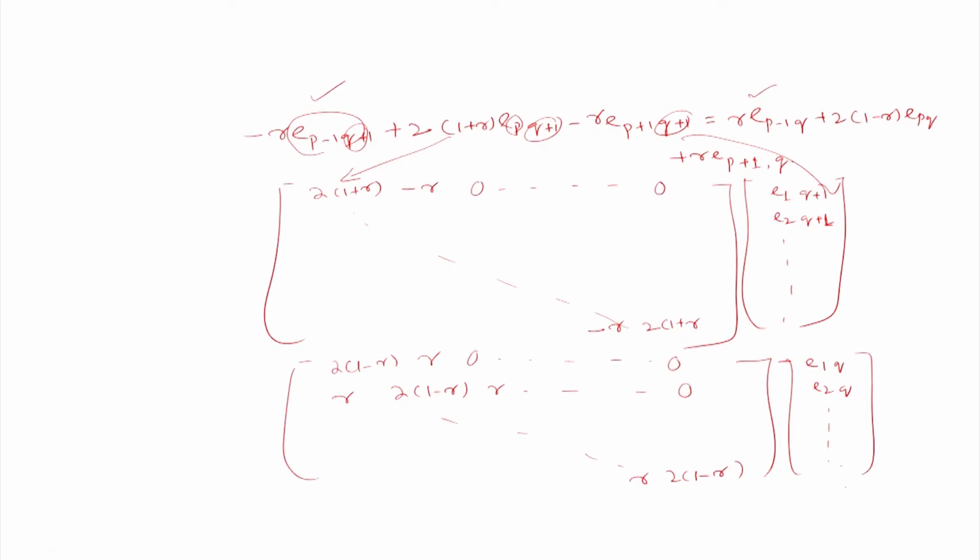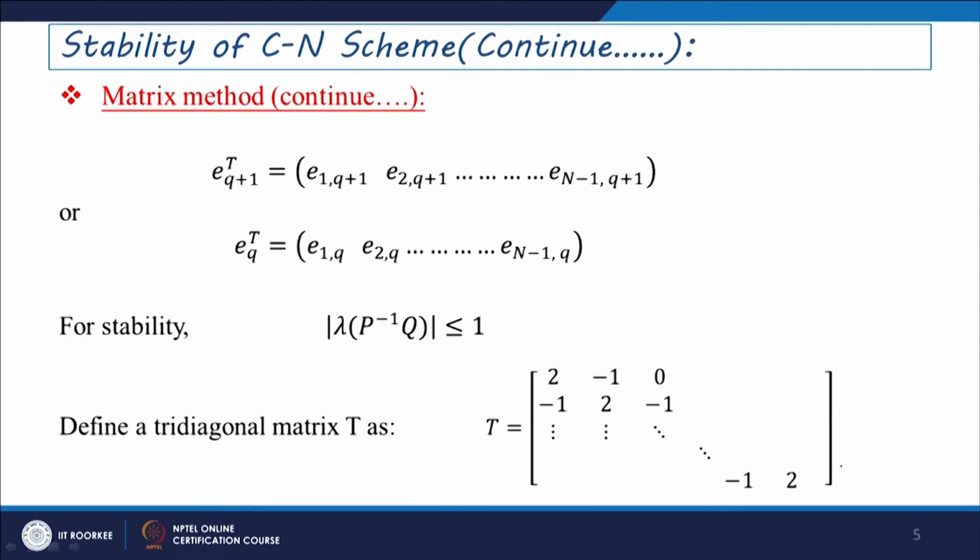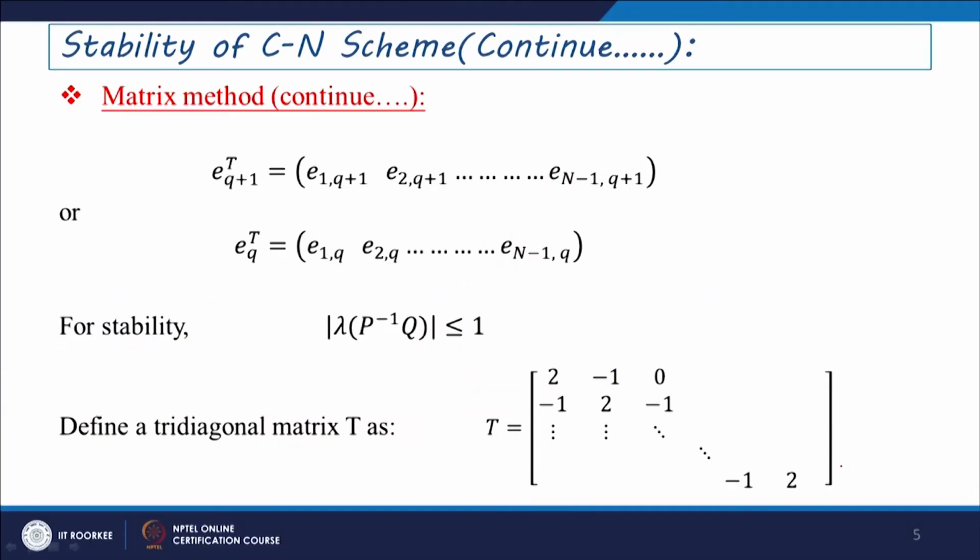So in the final form, the equation takes this form: E of q plus 1, this equals E1 q plus 1, E2 q plus 1 up to E of n minus 1 q plus 1. That's why this forms a system of equations which can be transformed to a matrix of order n minus 1 by n minus 1.